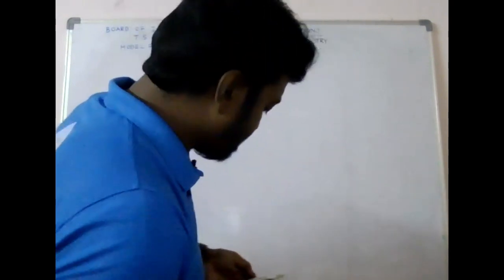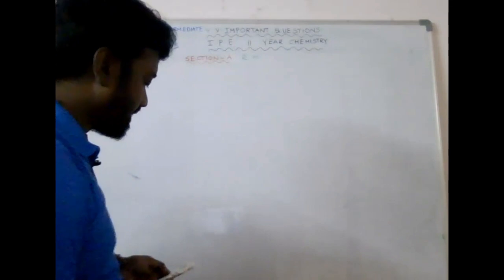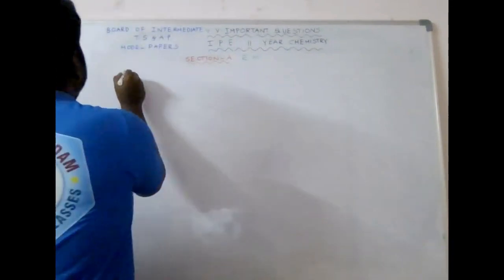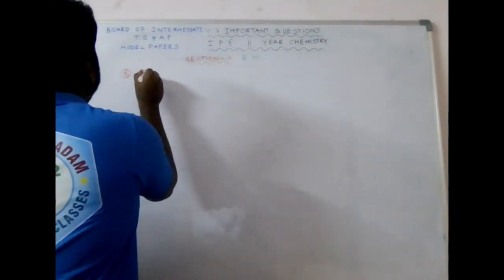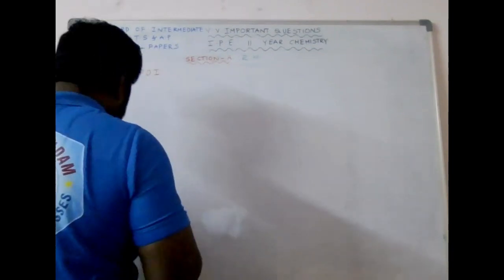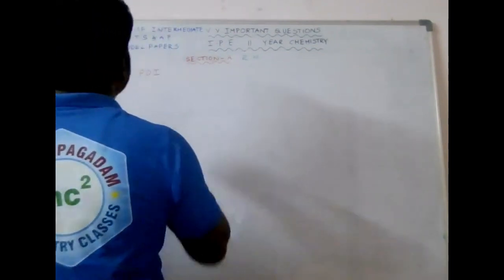The next question asked is: what is PDI? That is called polydispersity index. So we asked PHBV as well as PDI.